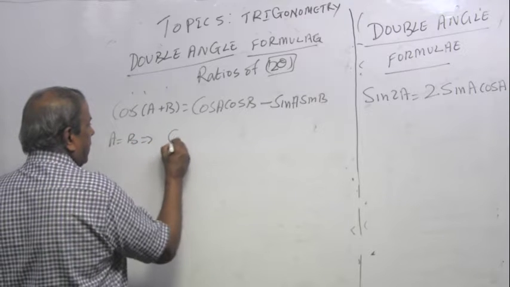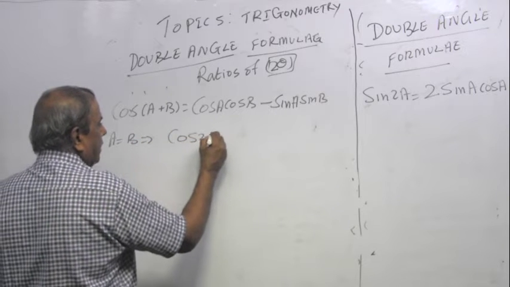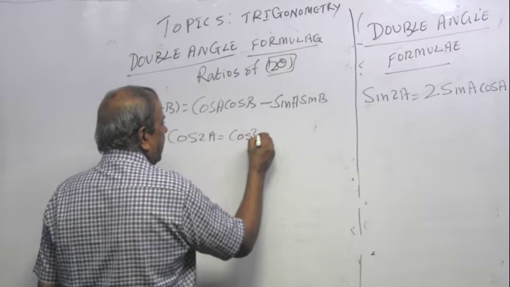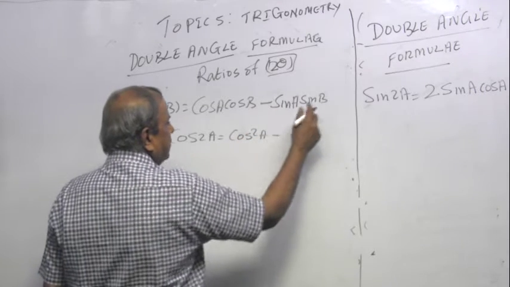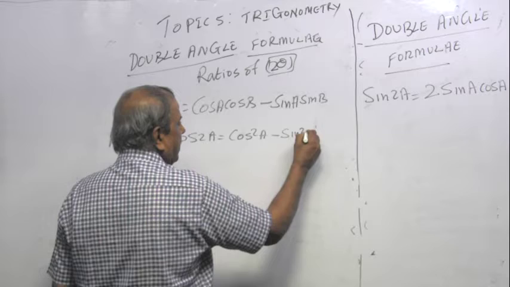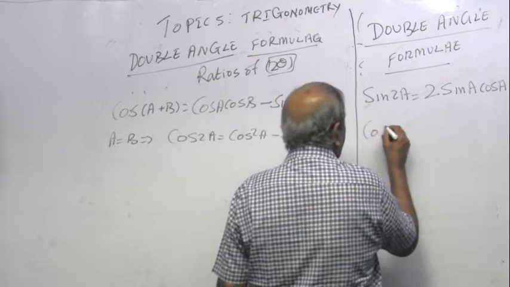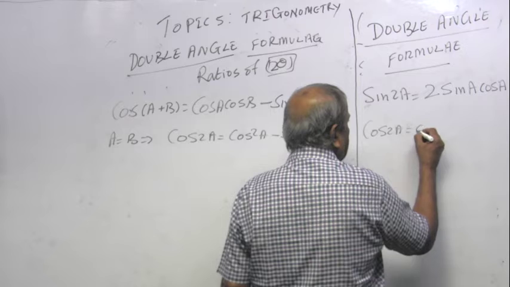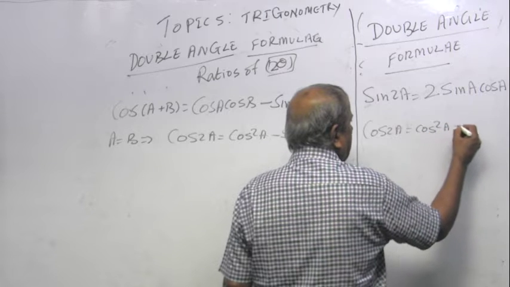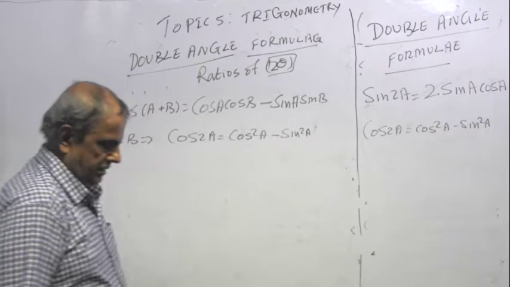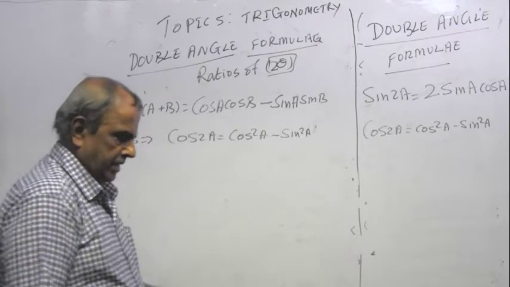What do I get? cos 2a equal to cos a times cos a is cos squared a, sin a times sin a is sin squared a. So I have one formula here, cos 2a equal to cos squared a minus sin squared a. Very good formula.